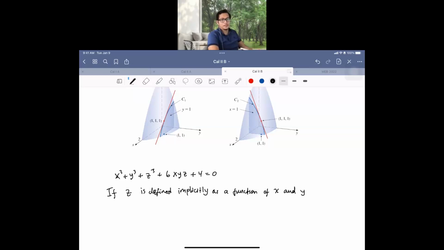For this case, since we have 3 variables, we can take an implicit approach and take z implicitly as a function of both x and y. So we are going to evaluate the dou z over dou x and the dou z over dou y, and evaluate both of these at the given point.